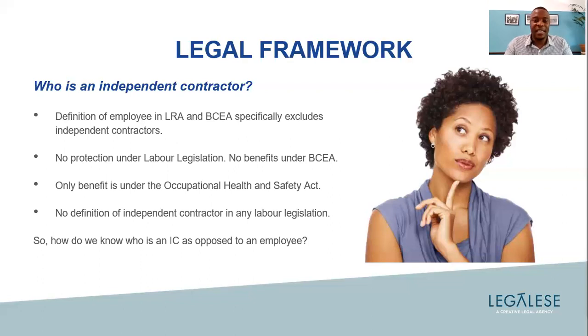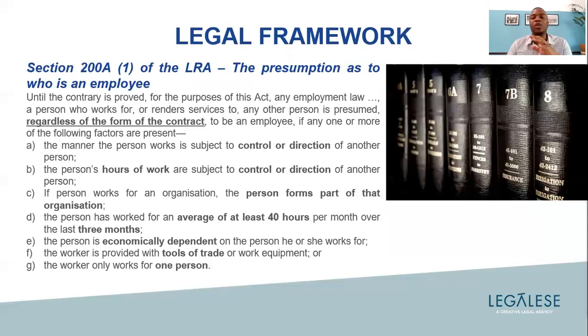Which obviously brings us to the question: how do you differentiate between an independent contractor and an employee within the legal framework? This takes us to Section 200A of the Labor Relations Act. And this is the presumption as to who an employee is.